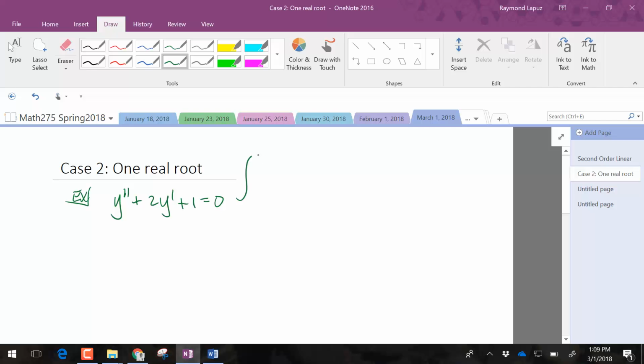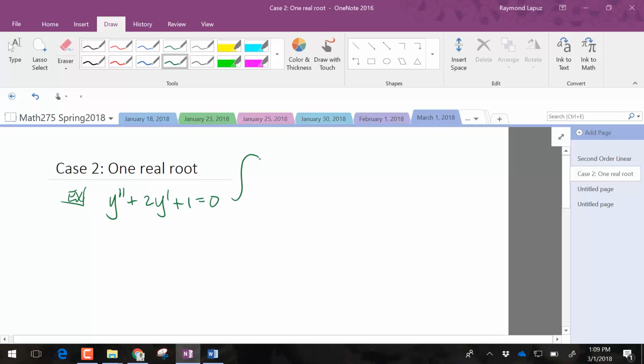Hopefully that'll yield our one real root. So we're going to assume that y equals e to the mx. What is your solution? So we need the first and second derivatives.